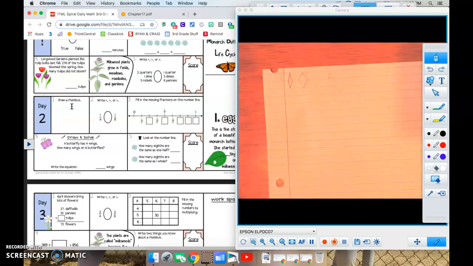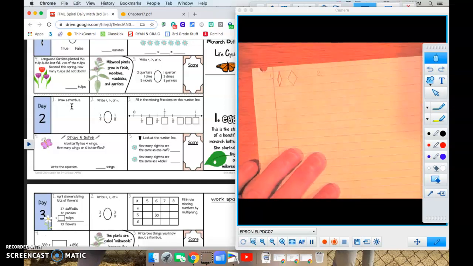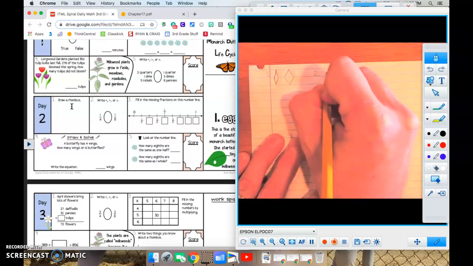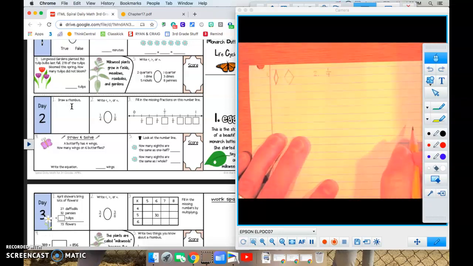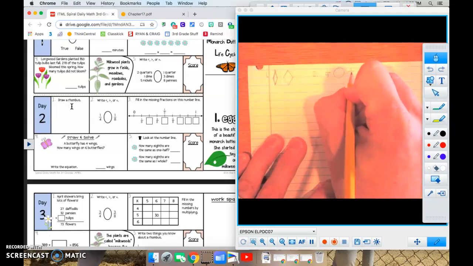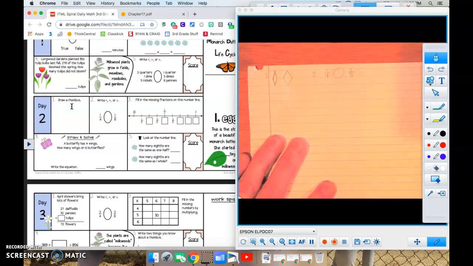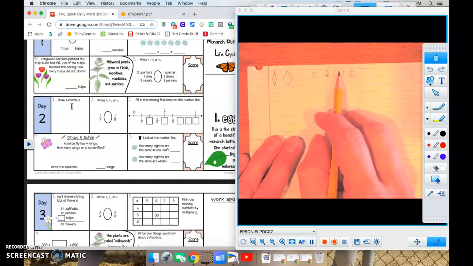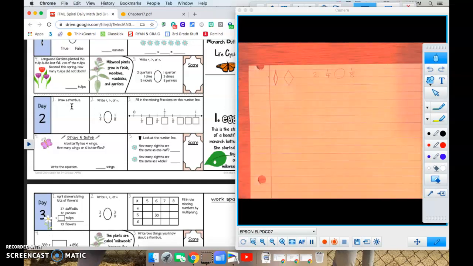Number 2, right? Less than, greater than, or equal to. And we have 1/4 compared to 1/8. Well, 8's bigger than 4, but remember, fractions, we're working backwards, right?